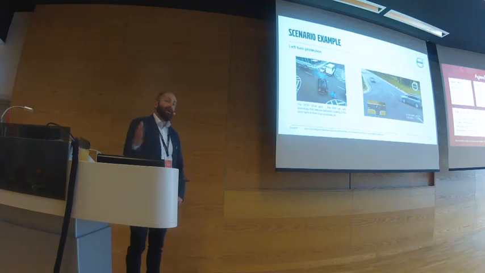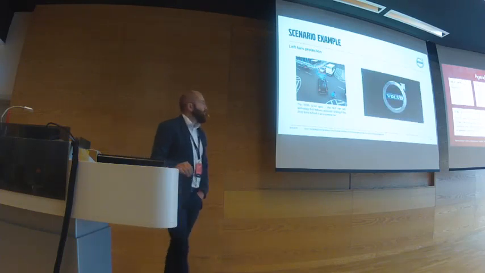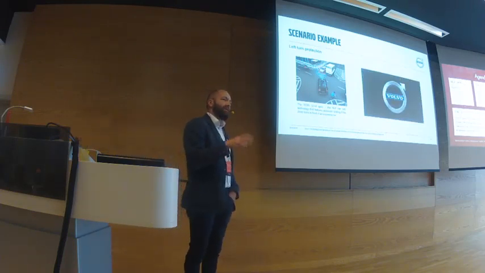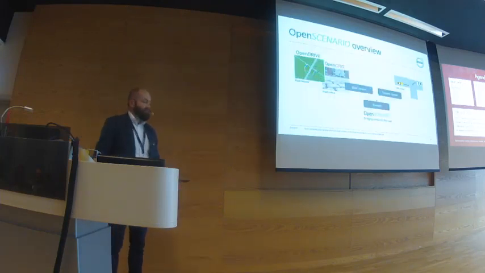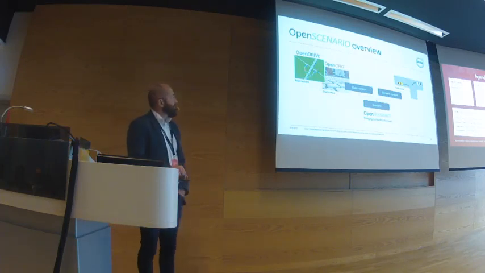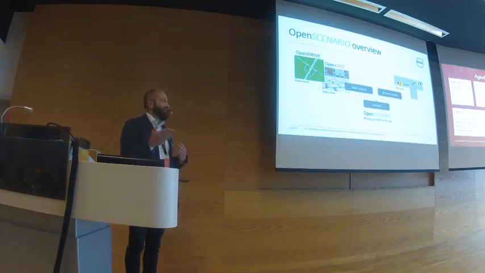So this is just different ways of describing how a cut-in might appear and what can happen. Is it a collision that you need to avoid here? And it's extremely detailed. You can see that you have the seconds, the different speeds between your own car and the car in front of you, and what the lanes look like.